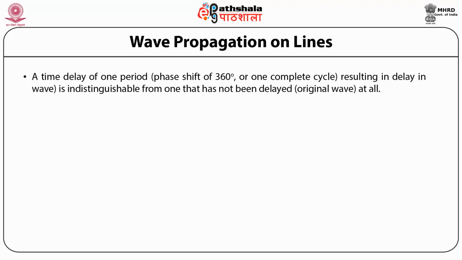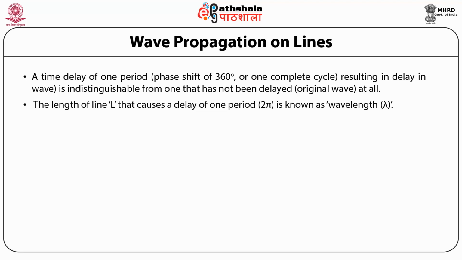So the phase of the incident wave increases with increase in z in the line. The length of the line L that causes a delay of one period, 2 pi, is known as a wavelength lambda, and the voltage along the line at one instant of time is like the input sine wave with the x-axis as the distance.